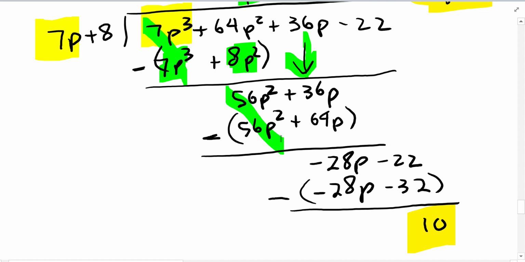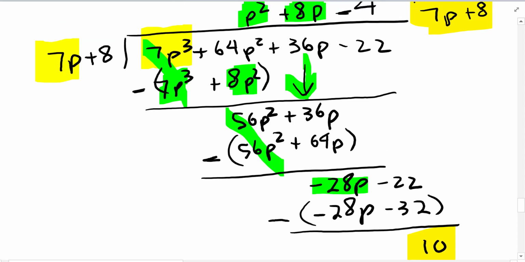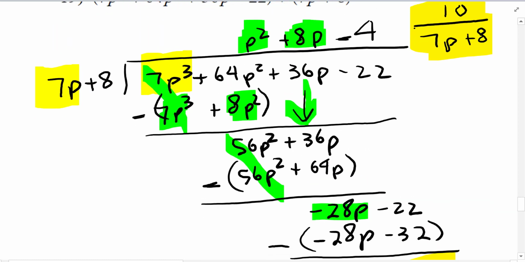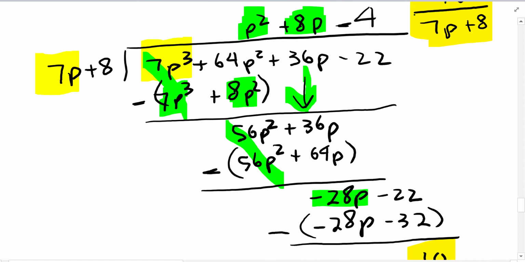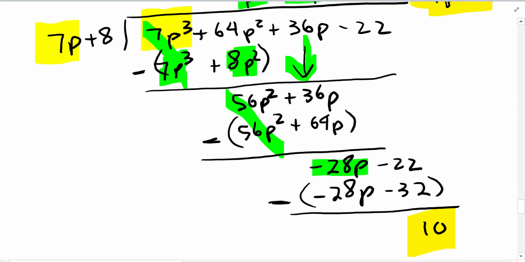Those cancel. 36 subtract 64 leaves us with negative 28p. 7p times negative 4 equals negative 28p. You're going to multiply. Negative 4 times 7p is negative 28p. Negative 4 times 8 is negative 32. We're going to subtract that whole thing.